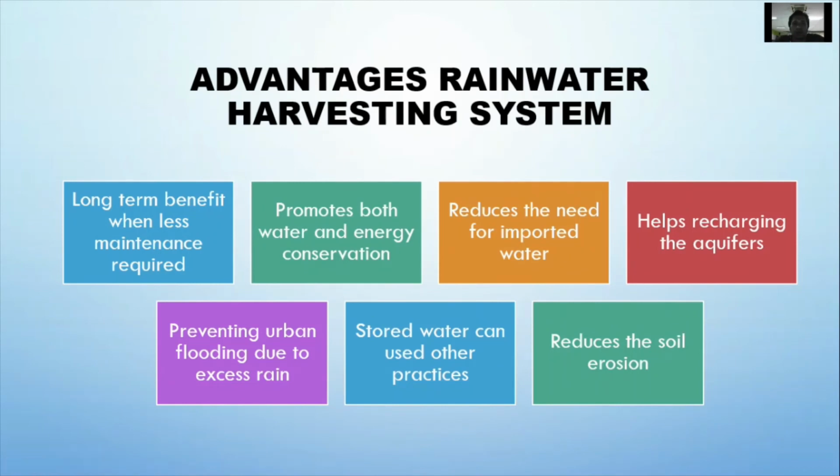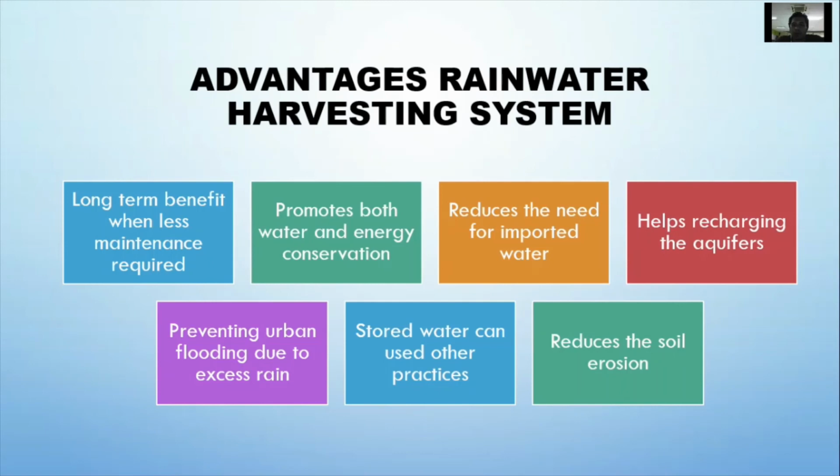For the advantages of the rainwater harvesting system, what we can get when we make this system. First, we get long-term benefit as less maintenance is required. Second, it promotes both water and energy conservation. Third, it reduces the need for imported water.